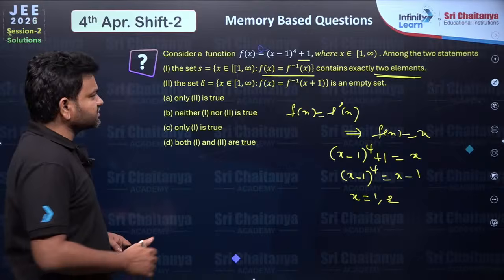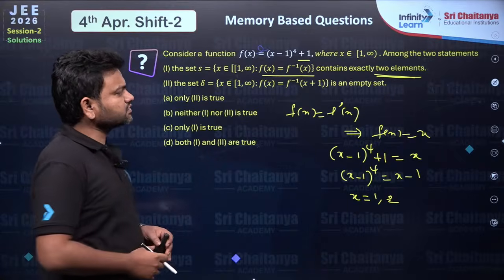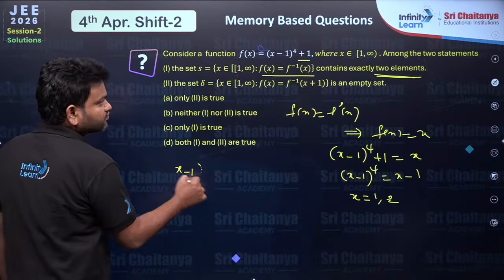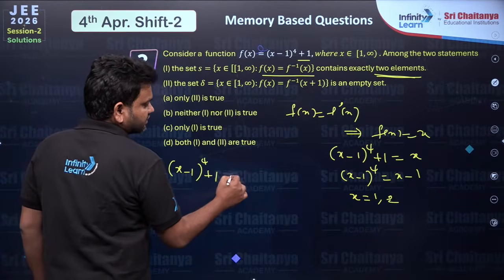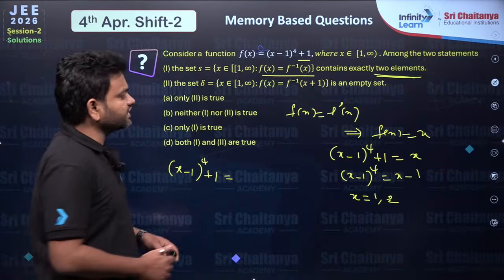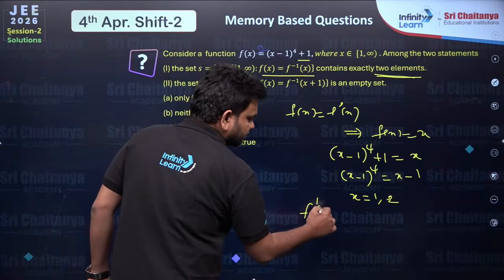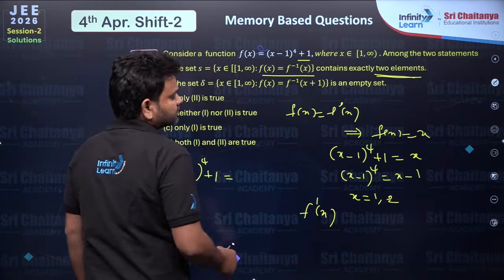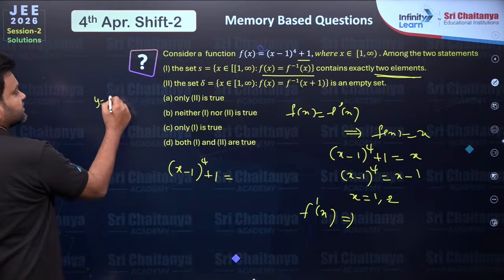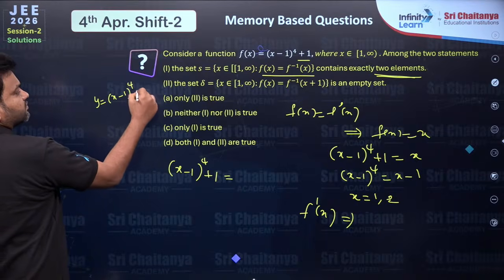And the next statement which they have mentioned, f of x is equal to f inverse of x plus 1. So f of x is (x minus 1) power 4 plus 1, that is equal to f inverse of x plus 1. So we need to find out f inverse of x now. Let's say y is equal to (x minus 1) power 4 plus 1.